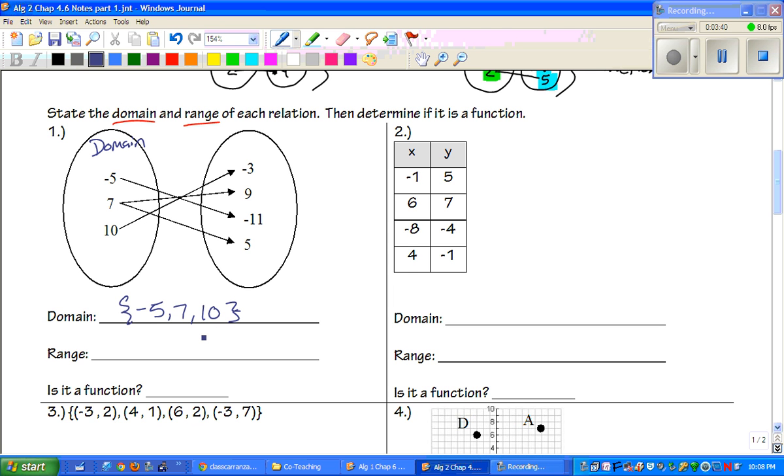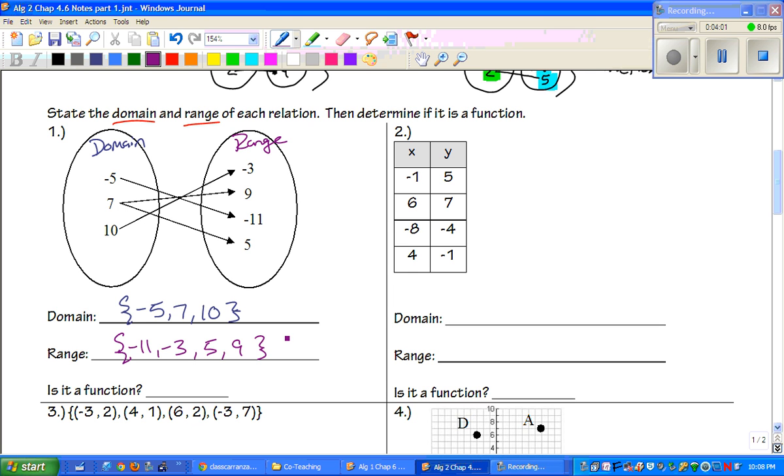We're just writing those in order. Our next is the range. Our range, in order from least to greatest, -11, -3, 5, and 9.